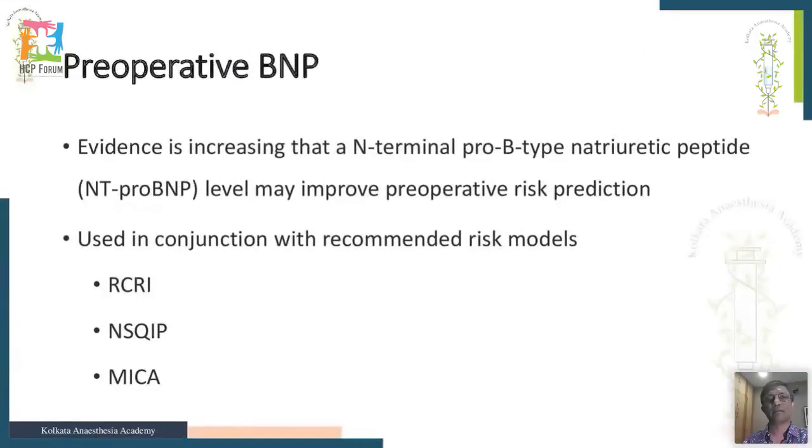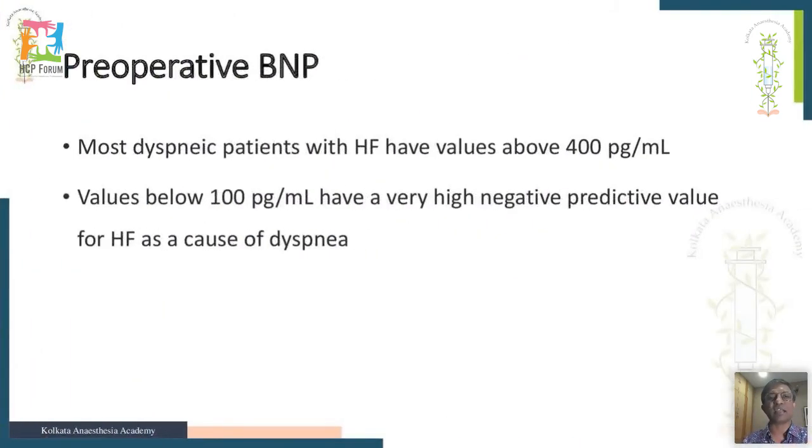What has come in other than this kind of testing is the role of preoperative B-type natriuretic peptide testing, which has been used in conjunction with the risk models, and it gives you an objective number. Anything above 400 in a dyspneic patient is definitely possibly due to heart failure.